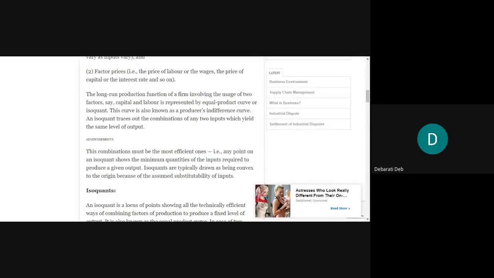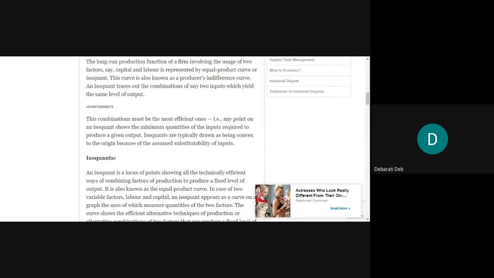These combinations must be the most efficient ones. What are the two inputs? One is labor and one is capital.